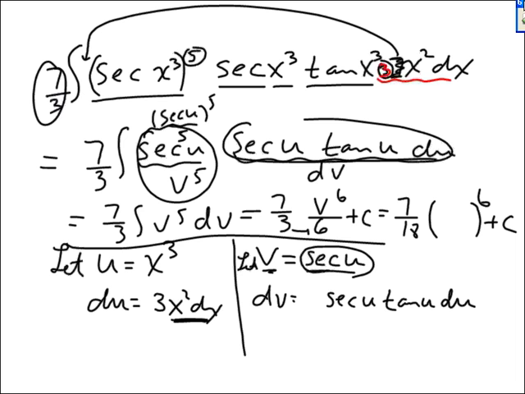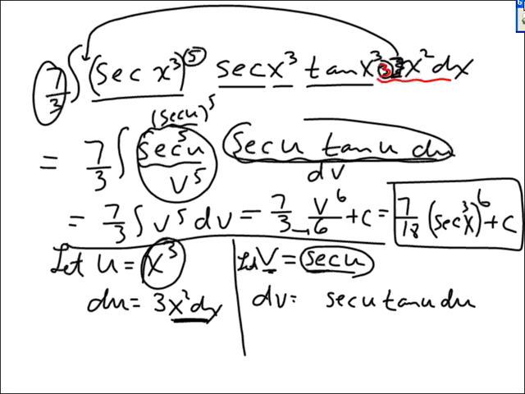V is secant of u. But what's u? X cubed. There's your final answer: 7/18 secant cube of x to the 6th power plus c. That's your final answer. It used 2 substitutions.